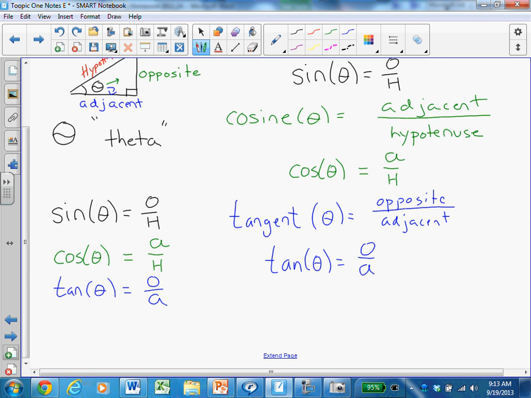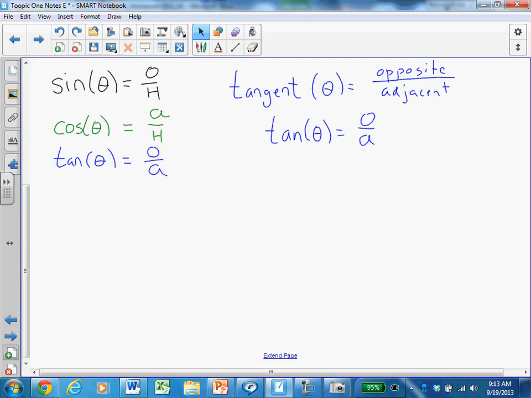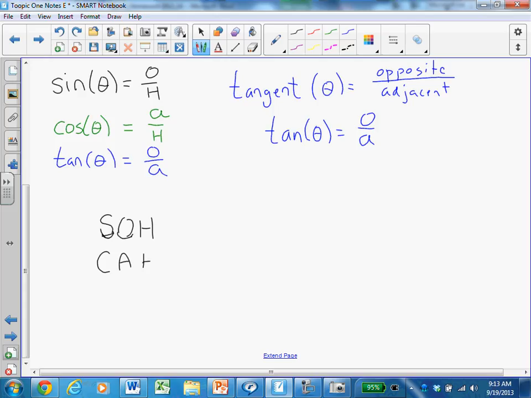Mikhail? SOHCAHTOA, right? So sine is opposite over hypotenuse. Cosine is adjacent over hypotenuse. And tangent is opposite over adjacent. So SOHCAHTOA.